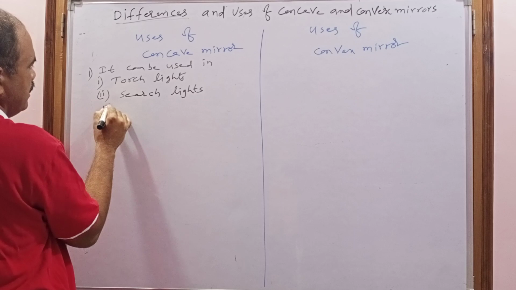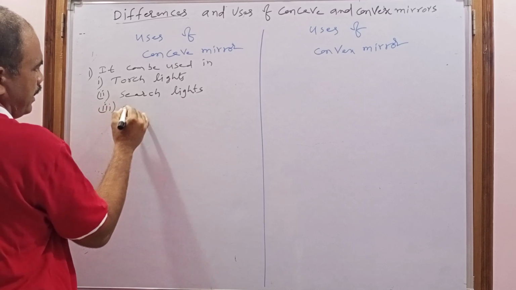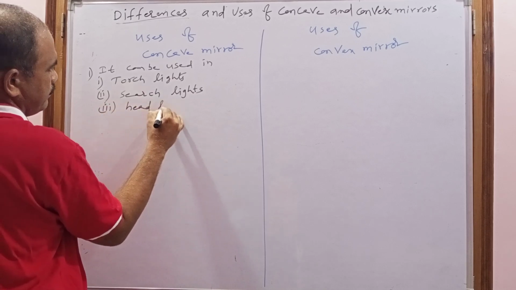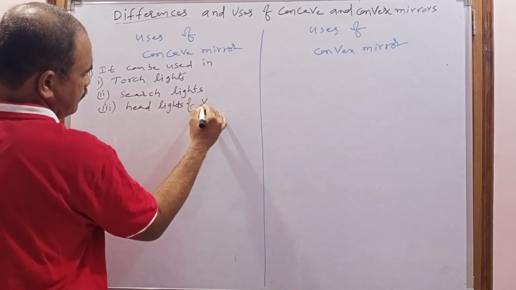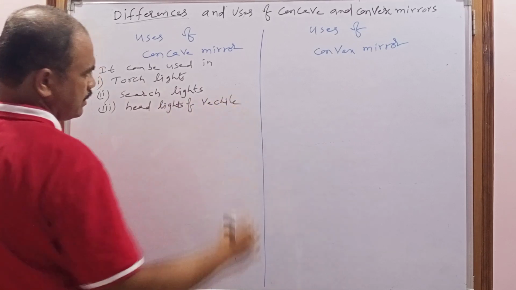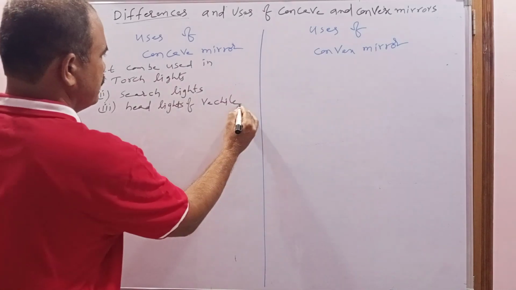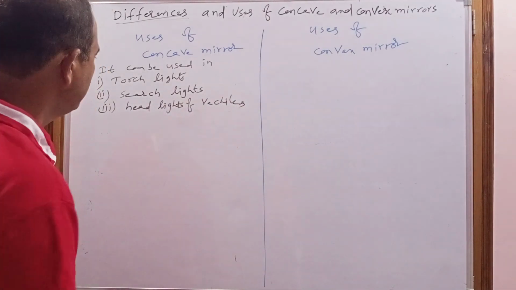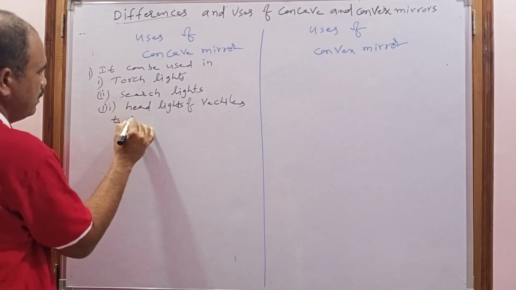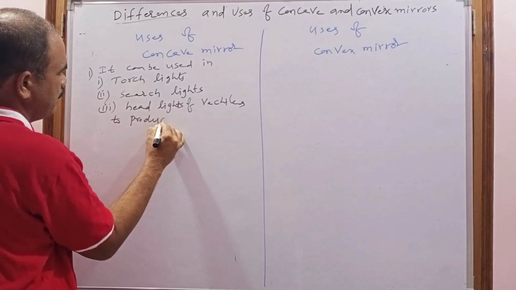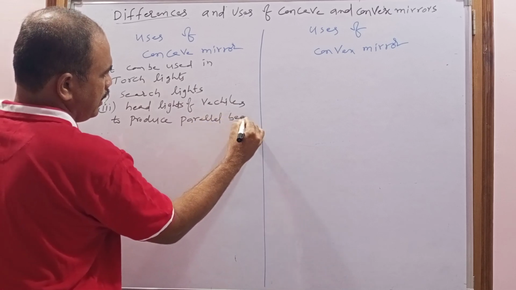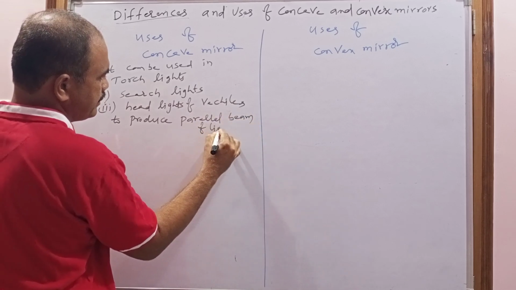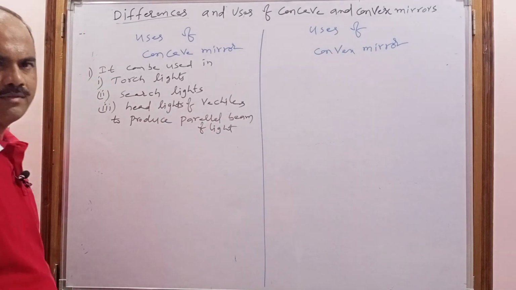And the third one is headlights of vehicles. For which purpose? To produce the parallel beam of light. This is the first use.